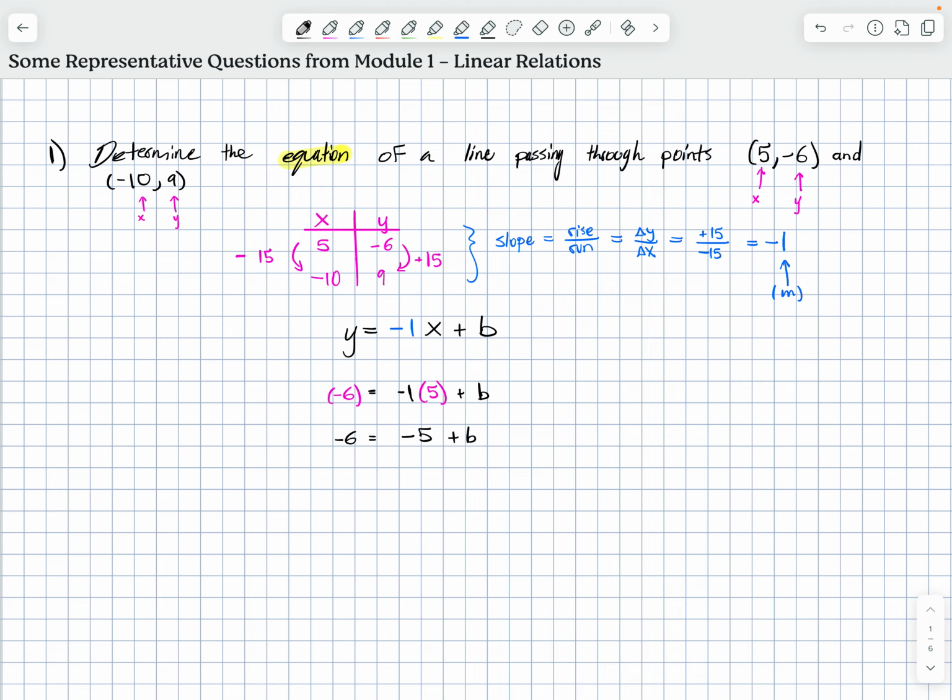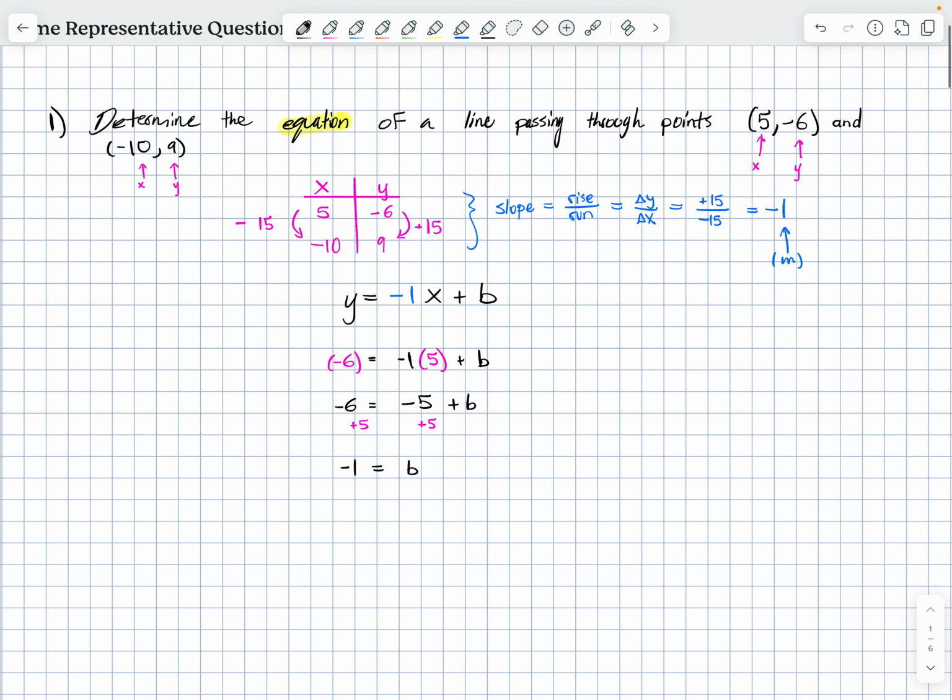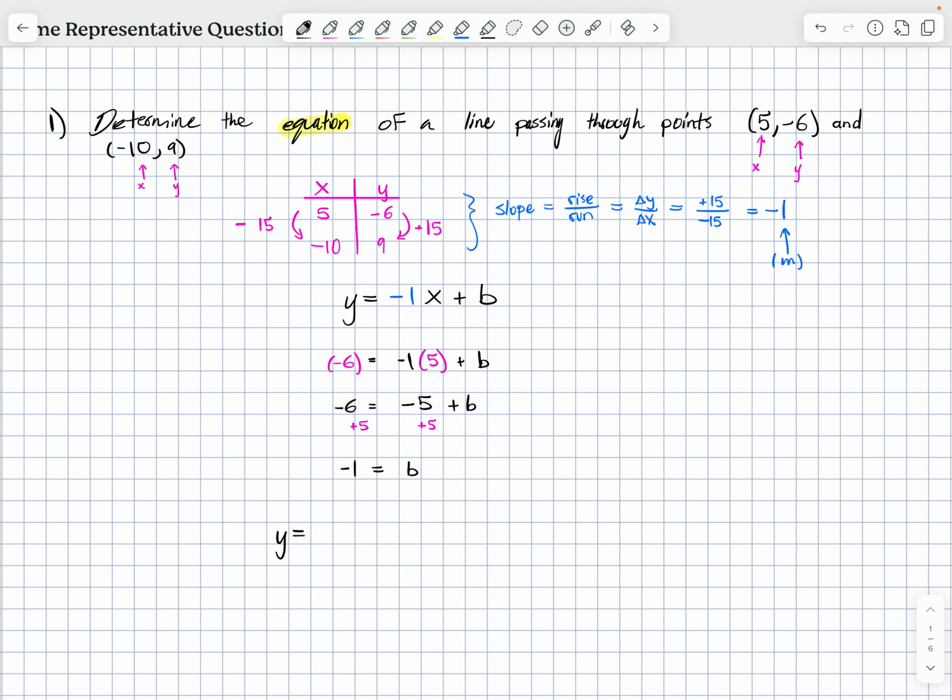Now what I'm trying to do here is solve for b. To solve for b, I'm going to add 5 to both sides. I want to get rid of that -5 on the right side. So this becomes -1 is equal to b. Now I have my answer. y is equal to -1x, or just -x, same thing, minus 1. That is the answer to this question.